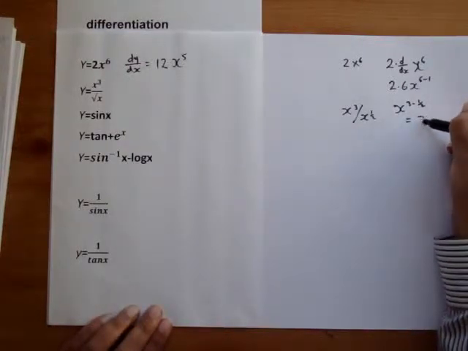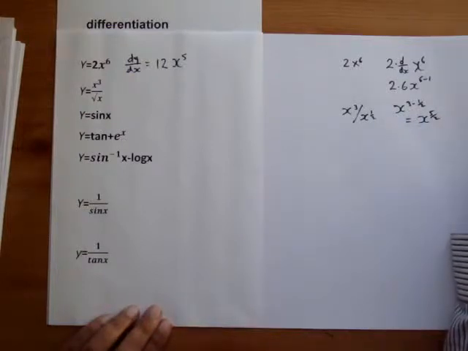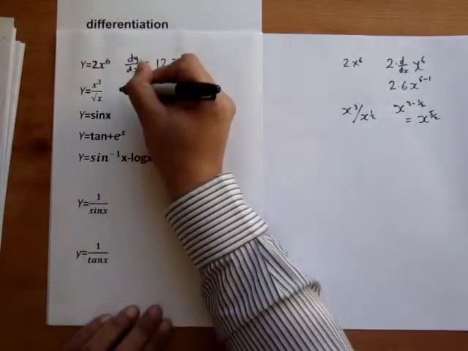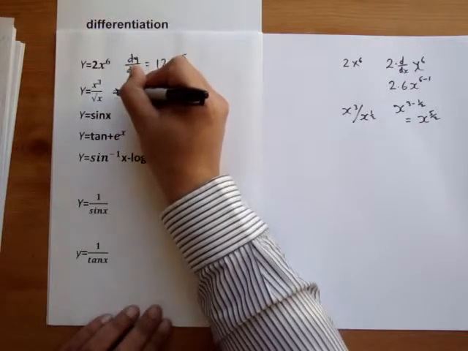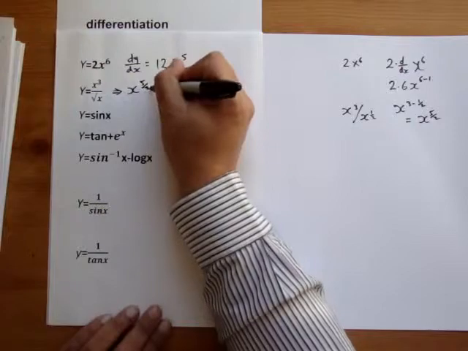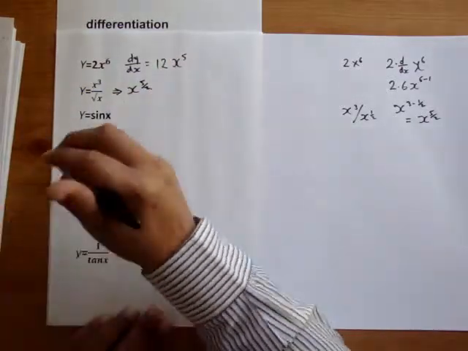So that becomes x to the power 5 over 2. Now, can we differentiate that using the power rule? Yes, we can. So this becomes x to the 5 over 2.